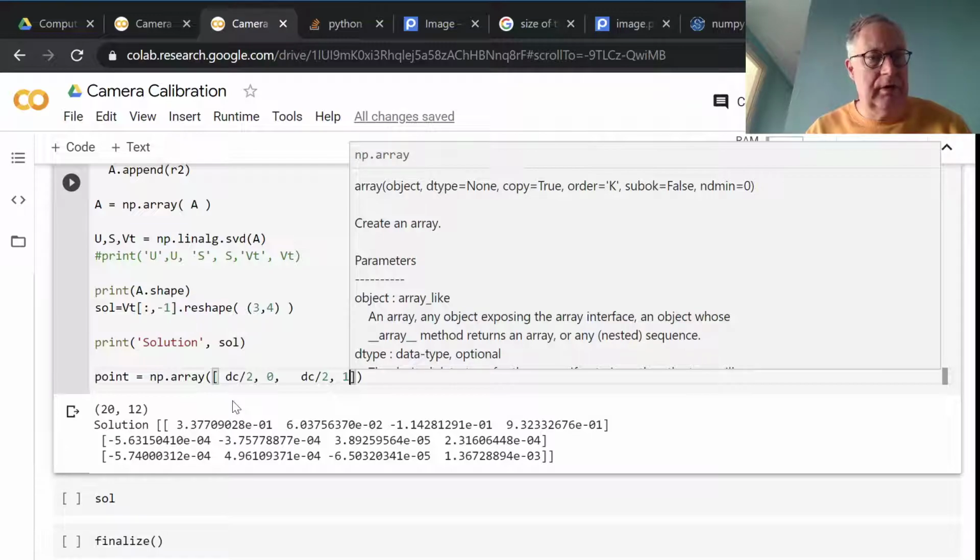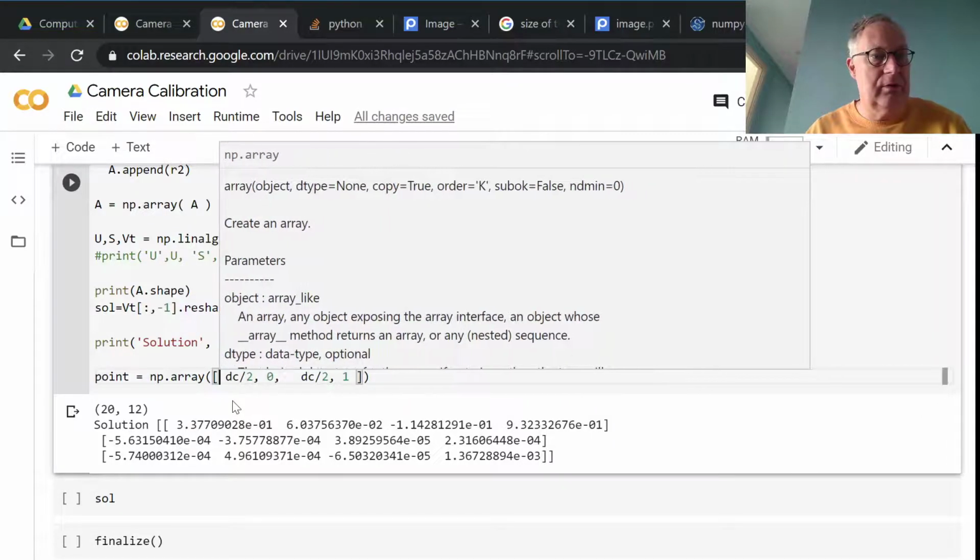I have to convert it into homogeneous coordinates, so I need to add a 1 to it.